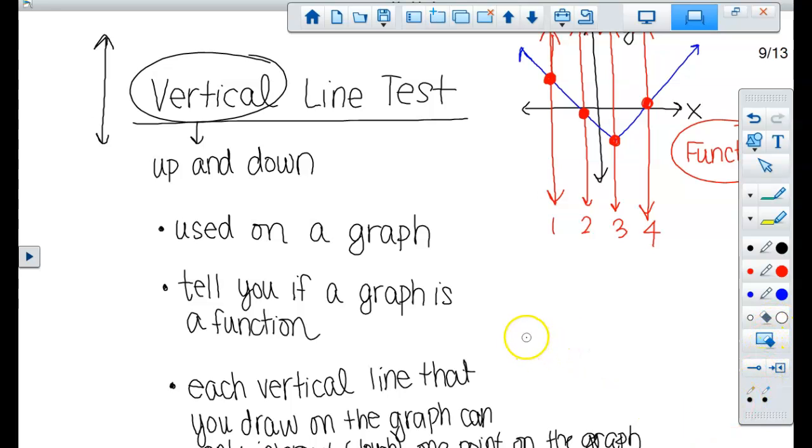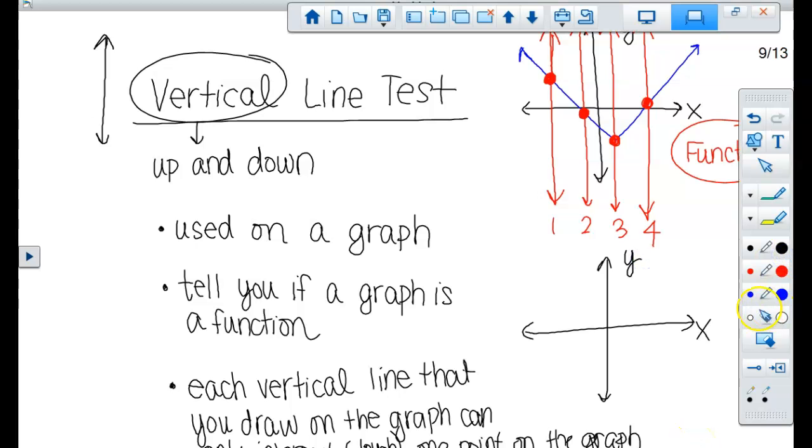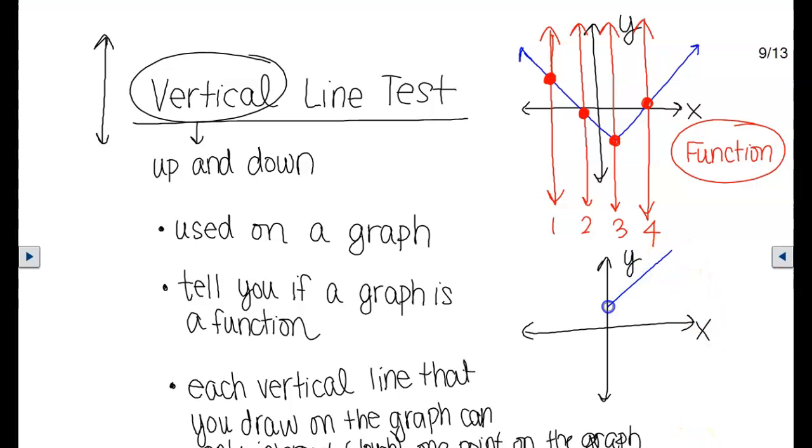All right, so let me show you what it would look like if it wasn't a function. So let's see if I got enough room here to do this. All right, here's another x-axis. Here is another y-axis. This time, let's make our graph turn like this. So I'm going to use that same blue V-shaped graph, but I'm going to turn it on its side.